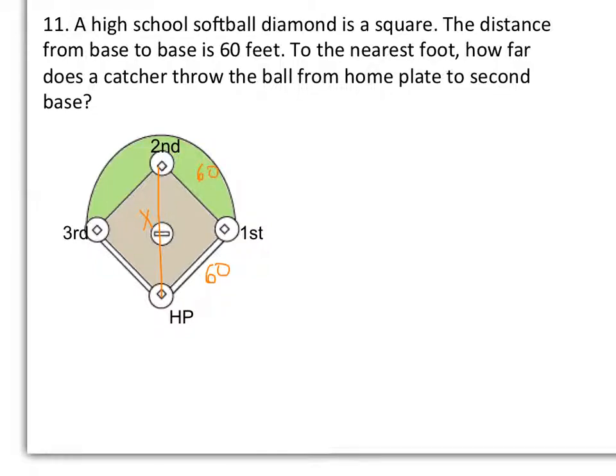So if these sides are congruent, then that means I have a 45, 45, 90-degree triangle. So if my shorter sides are 60 feet, then to find x, we'll just take 60 times the square root of 2. And it said to find out how far that was to the nearest foot. So just multiply 60 times square root 2. It's about 85 feet.